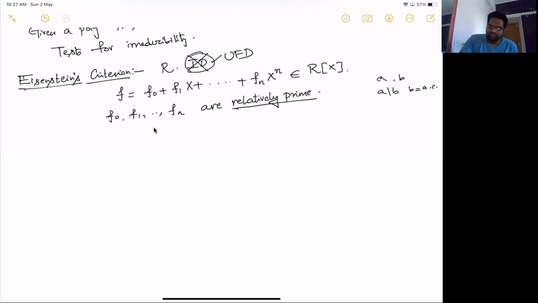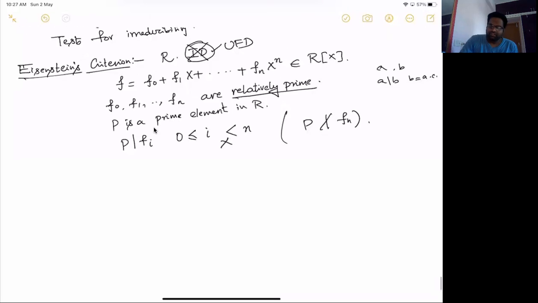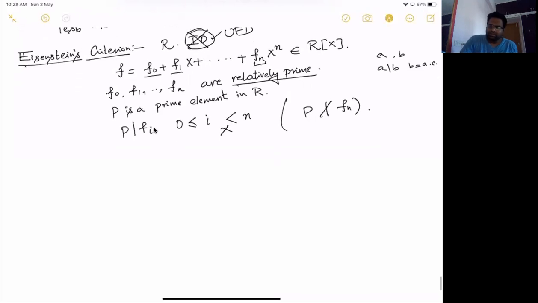But suppose P is a prime element in R such that P divides Fi for each i up to n minus 1. This means P divides each and every coefficient F0, F1 up to Fn minus 1, but P does not divide Fn. And also, P square does not divide F0.